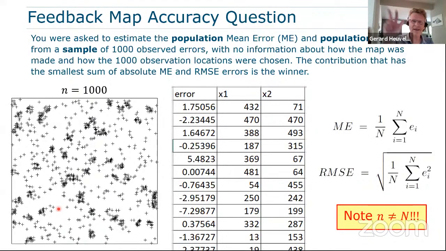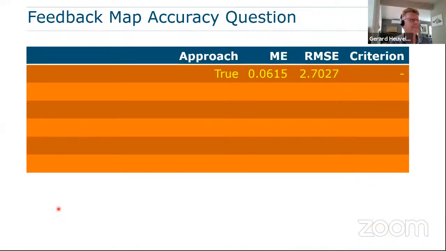So I got 3 submissions from participants of the course. Let's have a look at the answers that I got. So the true mean error is 0.6615, and the true root mean square error is 2.7027.